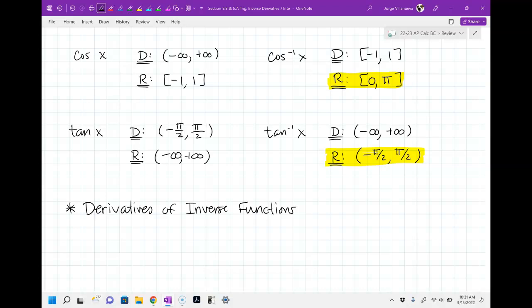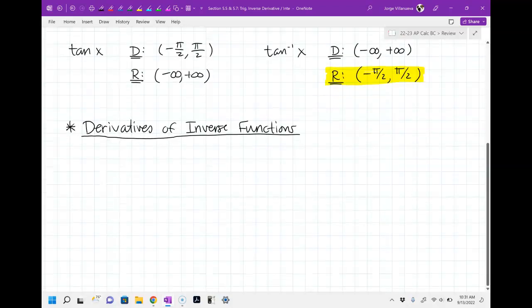So derivatives of inverse functions. There are 3 of them, and only 3 of them that you need to know, at least for AP tests. And in actuality, it's really just 2.